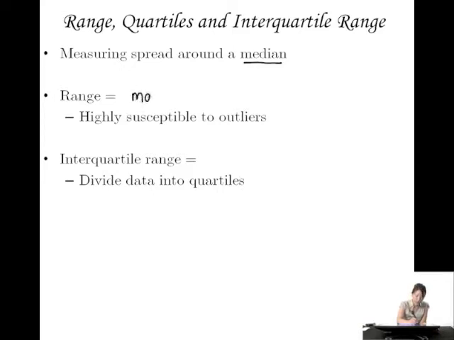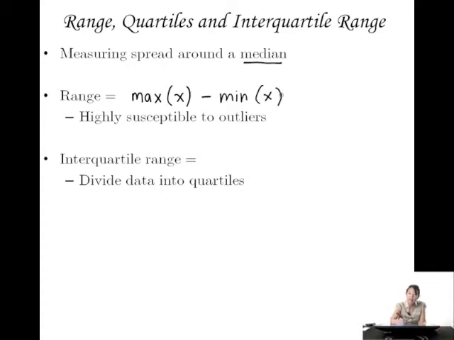So you could think of it as the maximum value in the set of x, and then subtract the minimum value in the set of x. Right? So if you had 1, 2, 3, 4, 5, 6, 7, 8, 9, 10 as your distribution, you take 10 minus 1, and your range is 9, right?